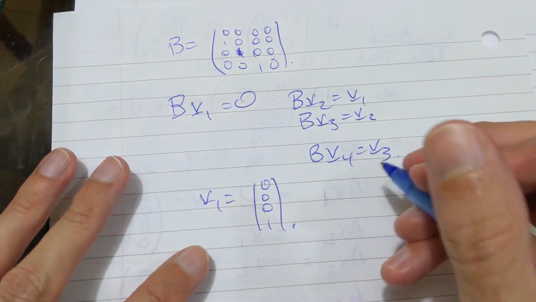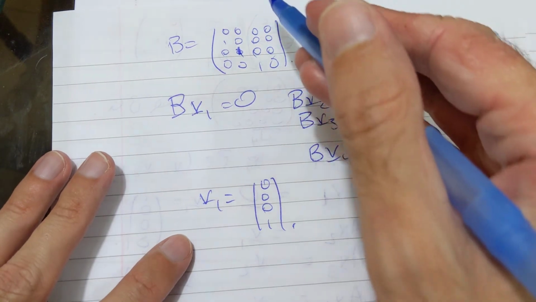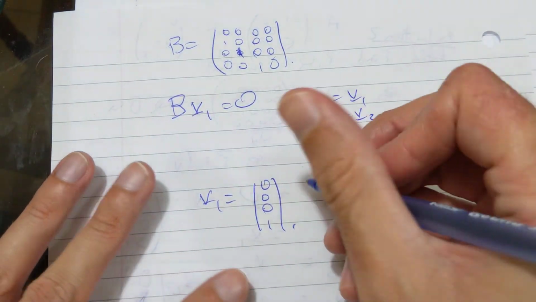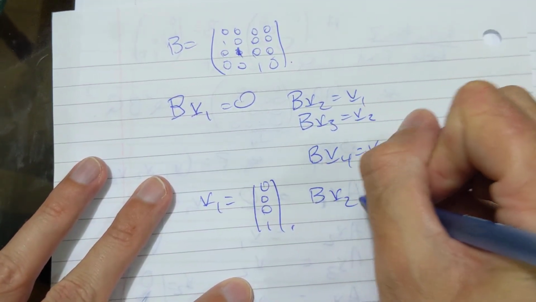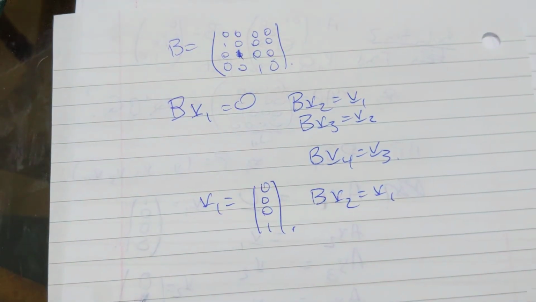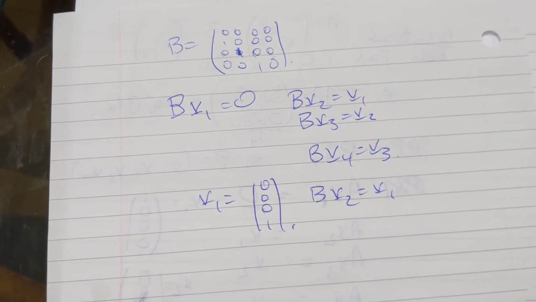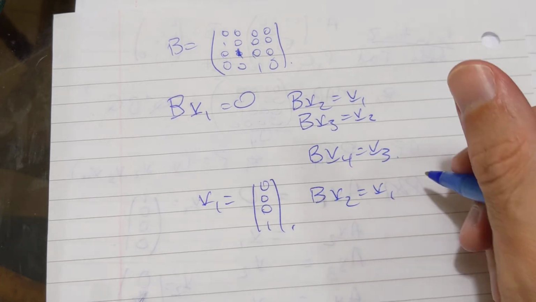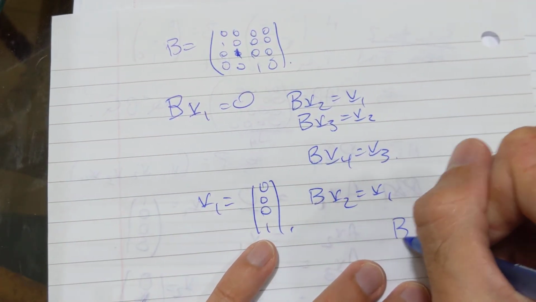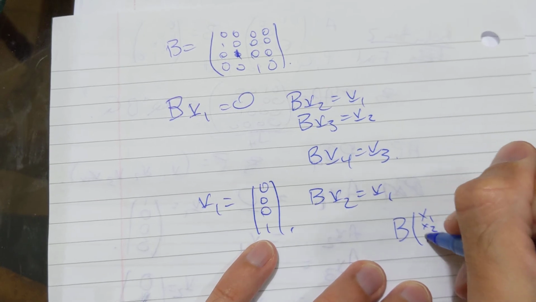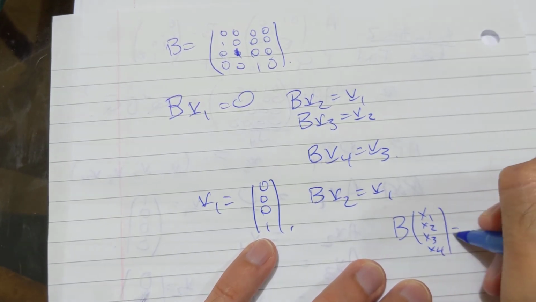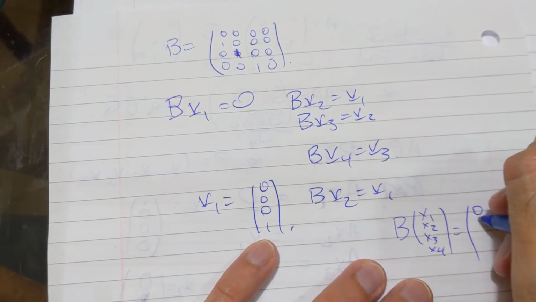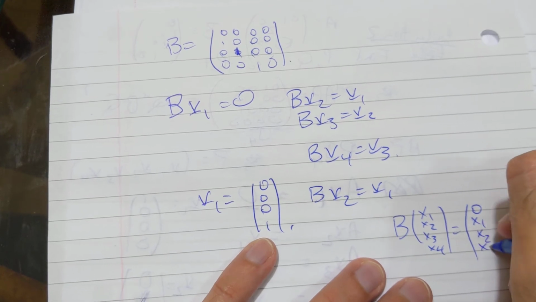Now we want to find a V2 such that BV2 equals V1. So how do we find a V2? Remember, B times x1, x2, x3, x4 is just 0, x1, x2, x3.